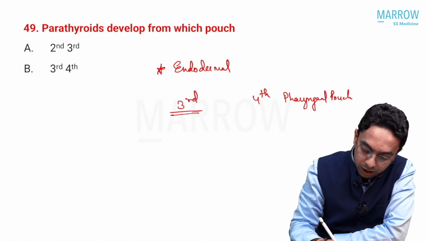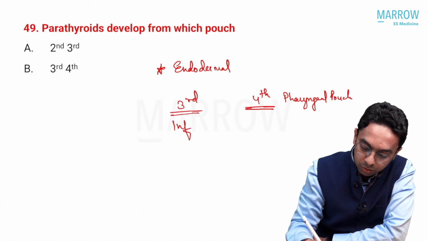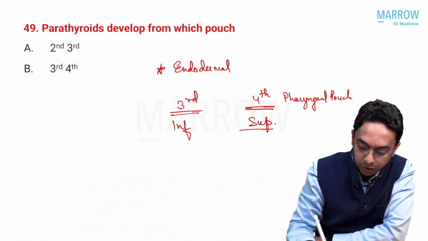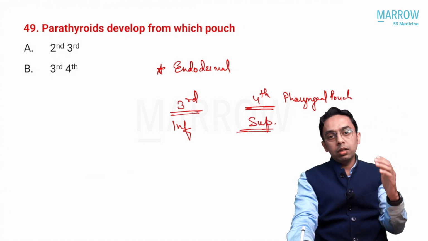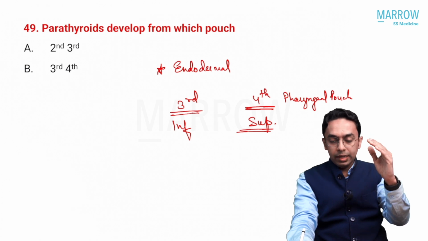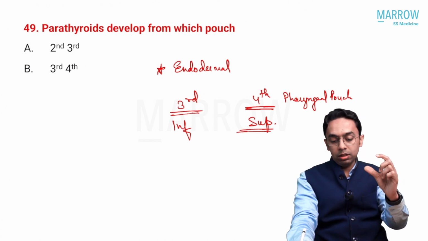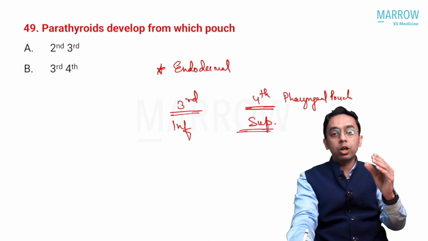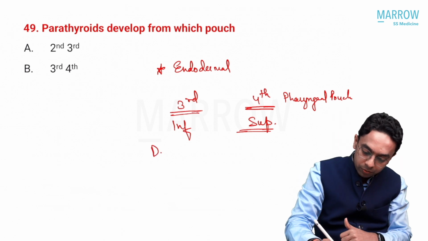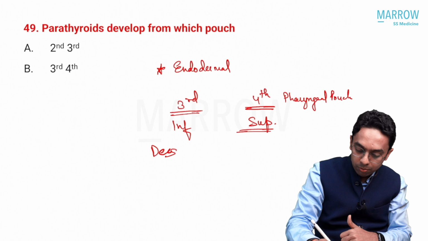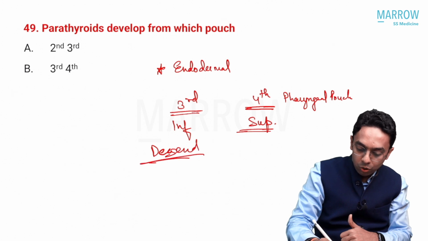So from the third develops the inferior parathyroid, from the fourth develops the superior parathyroid. And this third pharyngeal pouch is slightly higher up, so this inferior parathyroid has to descend more. So what happened? They are more ectopic.